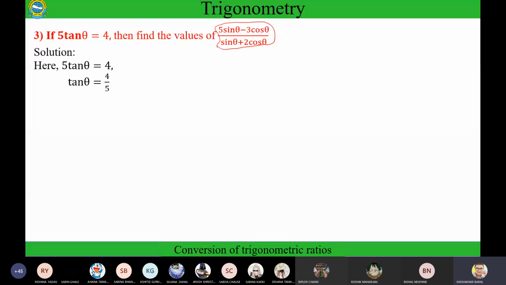Always do this. If any scalar number and the trigonometric ratio are in product form, and you have to find the values of the other ratios or expressions, then shift the number attached to the trigonometric ratio to the other side and find the values of P, B, and S.